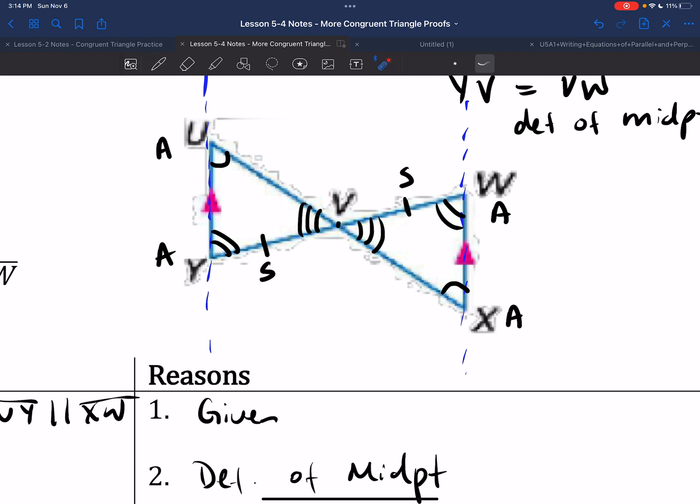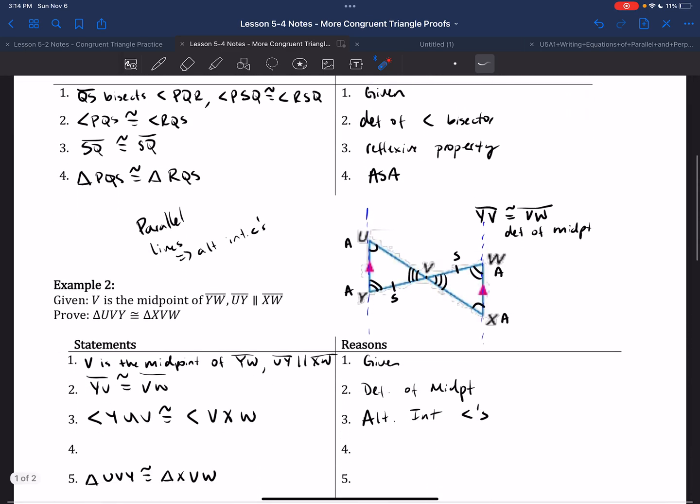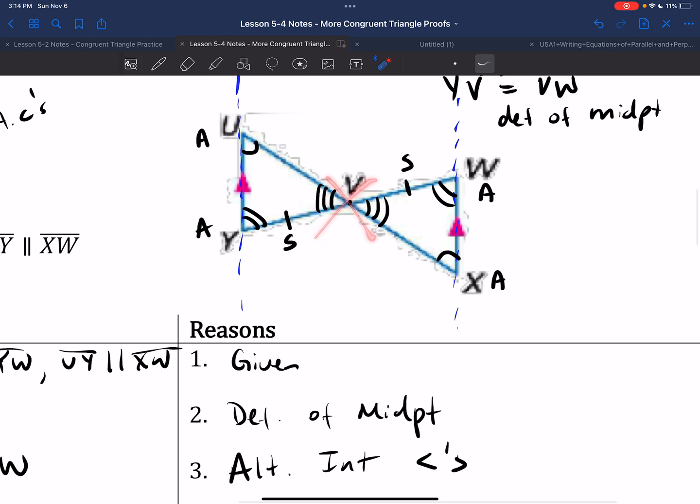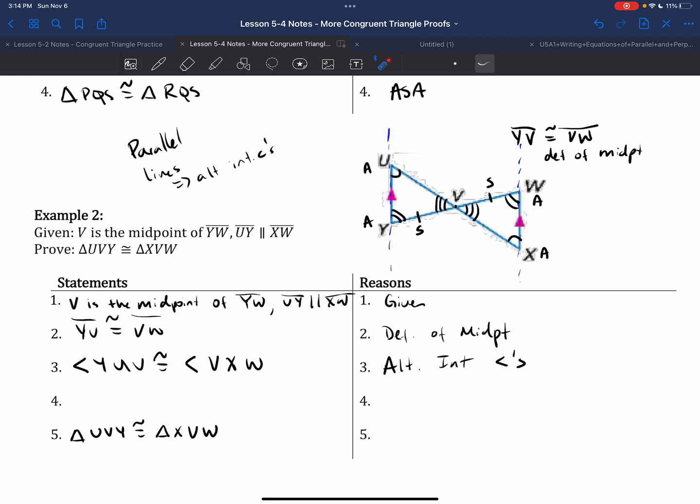So if I put an angle, I'm going to get angle, angle, angle. And angle, angle, angle isn't one of my postulates, so I need to just forget about the vertical angles that we marked. But good for you that you saw that and you noticed that. To prove that these two triangles are congruent, notice that we have an angle, angle, and then the side right after that, right? The side is not included. It's not between the two angles. So AAS will be enough to show that these two triangles are congruent.